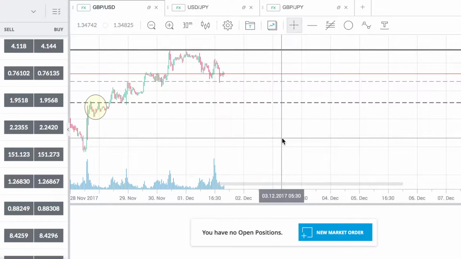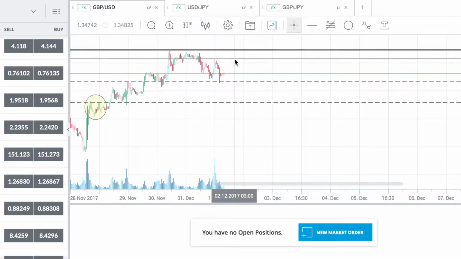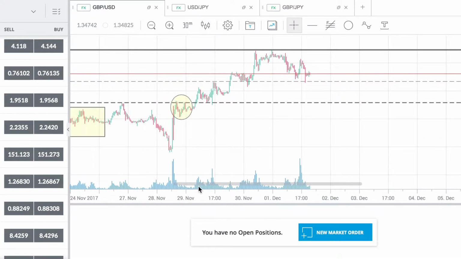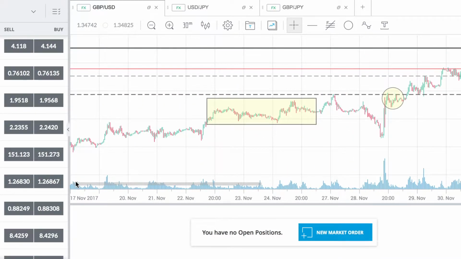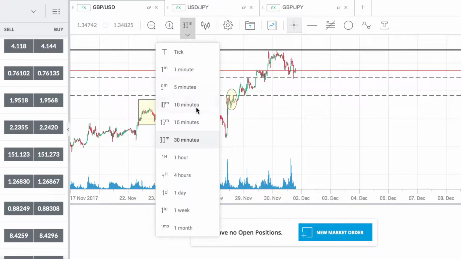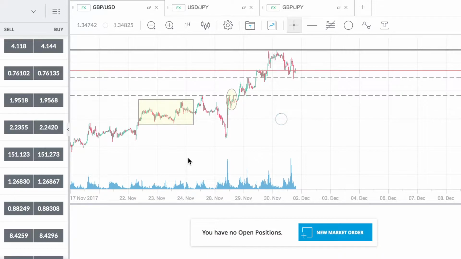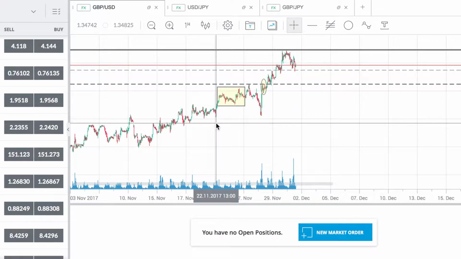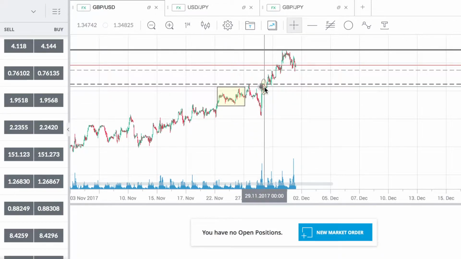We'll see how the market reacts, and that's basically how to utilize your platform correctly on Trading 2. It's a very easy platform, so we can go back and do an hour time frame, and you'll see when you do the hour time frame, these bits here are very small.